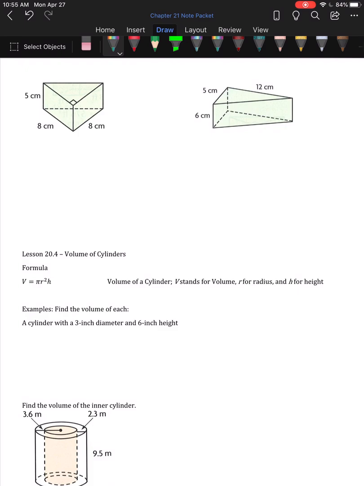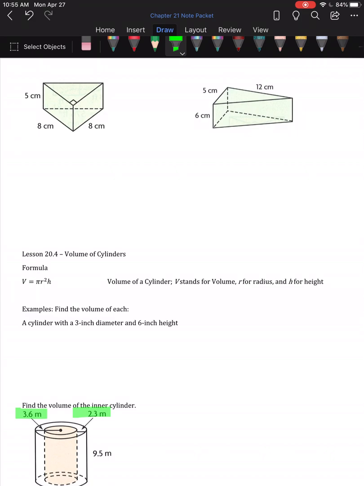So we know the height, how tall the cylinder is. It's 9.5 meters. What we need to figure out is the radius of the inner cylinder. So, on the diagram, we're given 2 numbers pointing around the top, a 3.6 and a 2.3.